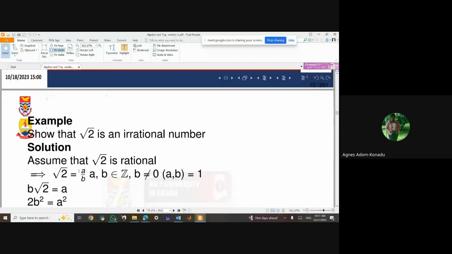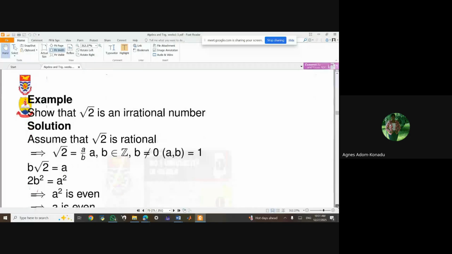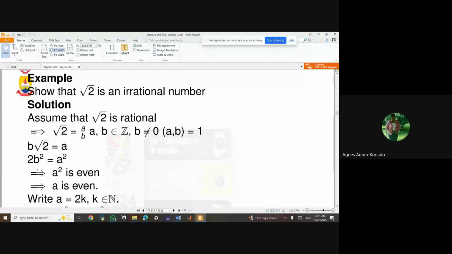That is it. So when I come here, if root 2 is equal to a over b, I can write it as b times root 2 is equal to a. Now when I square both sides, I'm going to get 2b squared is equal to a squared.